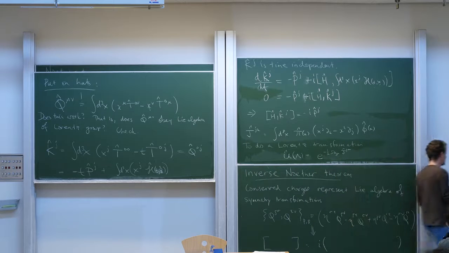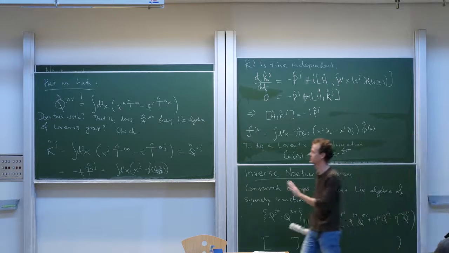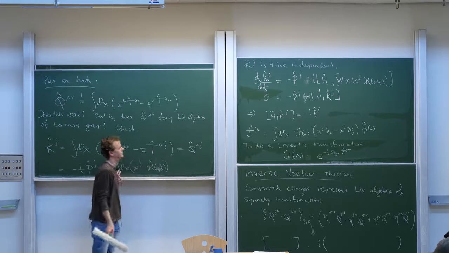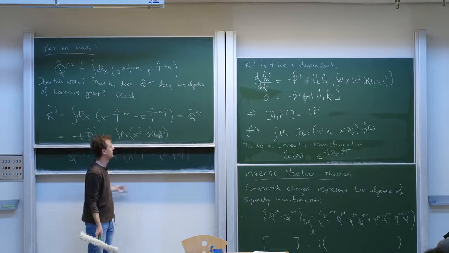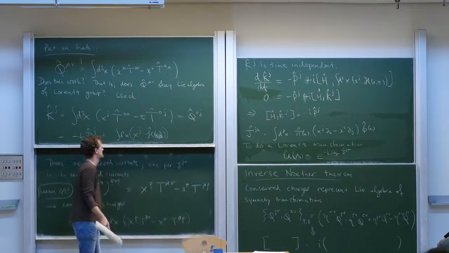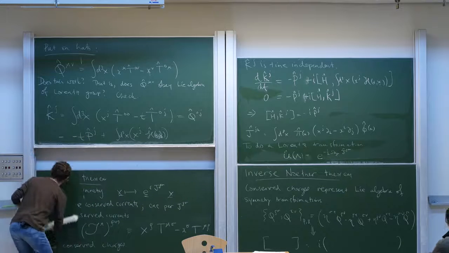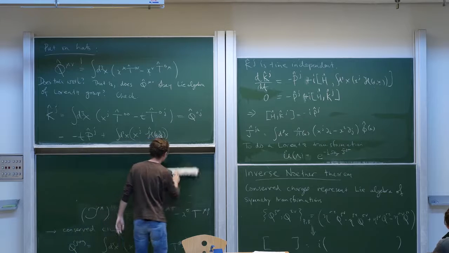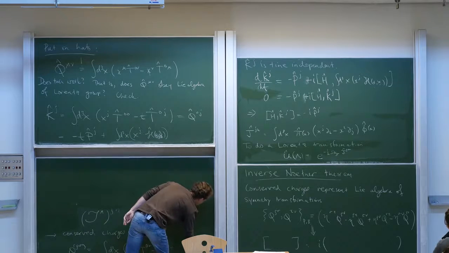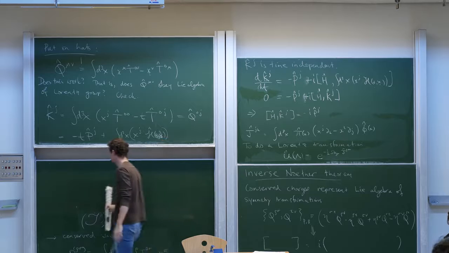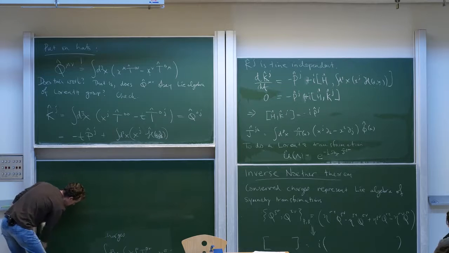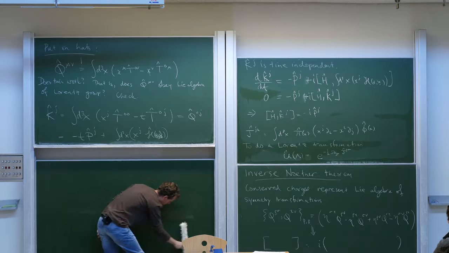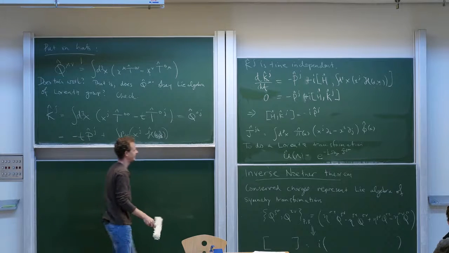And that's how you do a Lorentz transformation on your state space. What I haven't even asserted yet is that these generators obey the right Lie algebra. So, okay, it's an exercise.